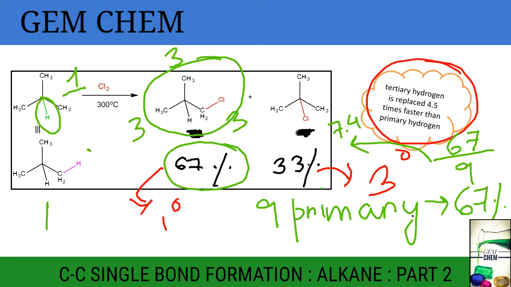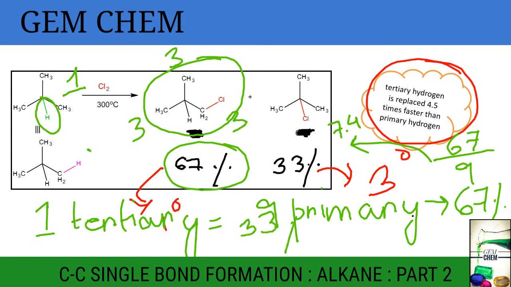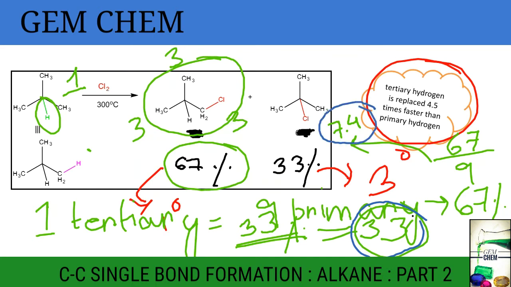right? One tertiary hydrogen. Now what is the chance for it? Its chance is 33%, so the chance is also 33, so this is greater. The chance of this tertiary hydrogen is greater than the primary hydrogen, so the 4.5 times factor comes from here, that is 33 divided by 7.4 gives us basically 4.5.